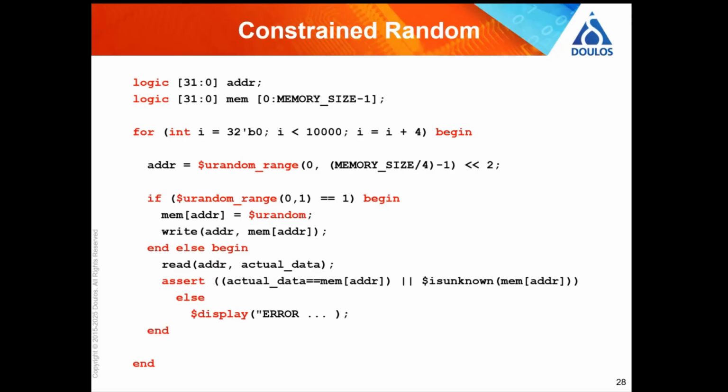And the other thing to say is, because we're using transactions, look how easy it was to write a random test based on those two tasks that we wrote earlier. If we were still at the stage where we were manually inputting 1s and 0s, we would be finding this hard to do.